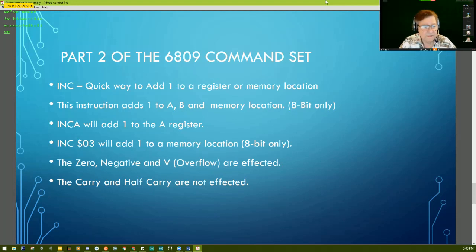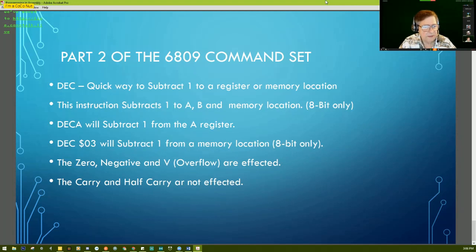Right. And the next one is decrement. Believe it or not, most assembly language programmers use this more than any other instruction because we like to count down. Let's say we want to do something 10 times. We load up the location with the number 10. When we decrement 10 times, guess what we end up with?